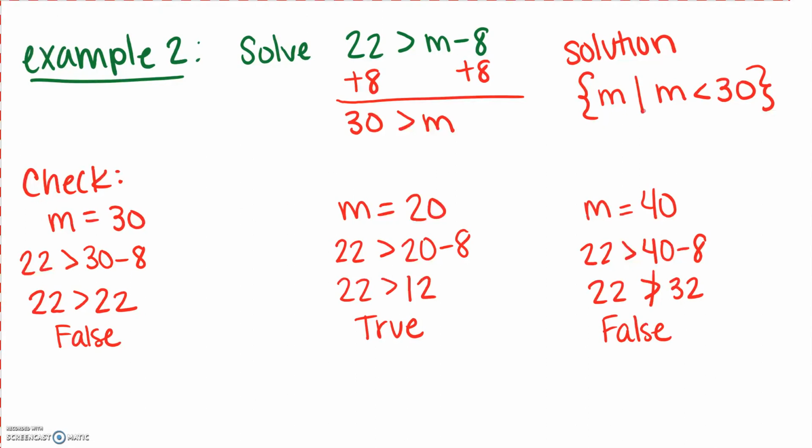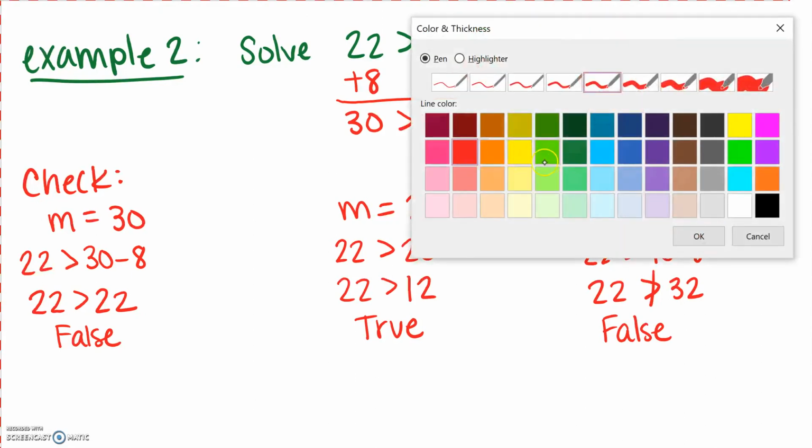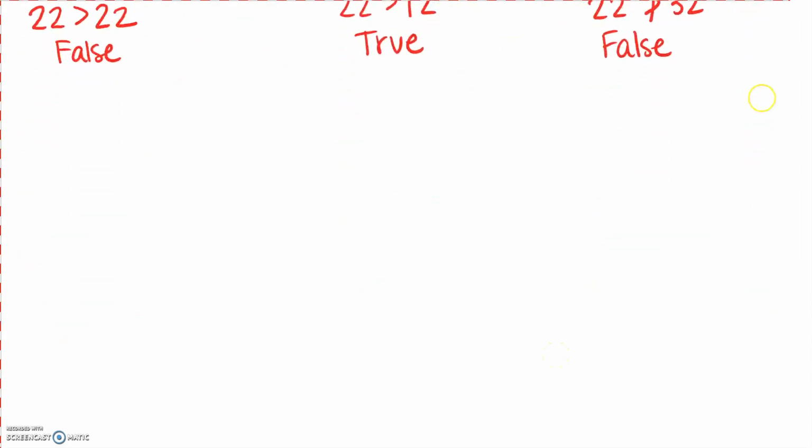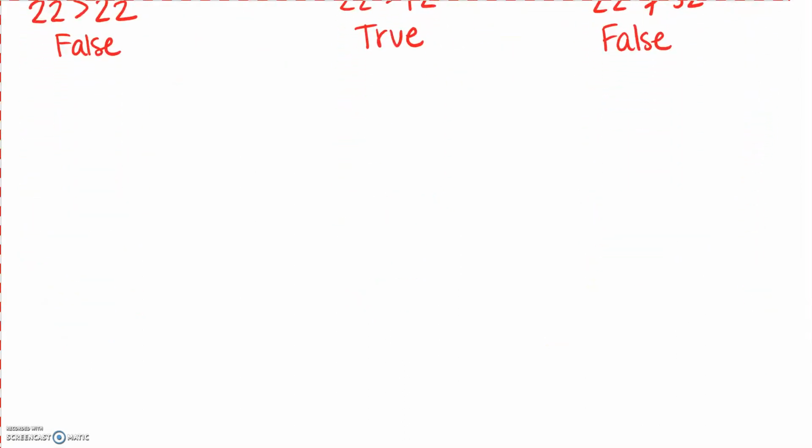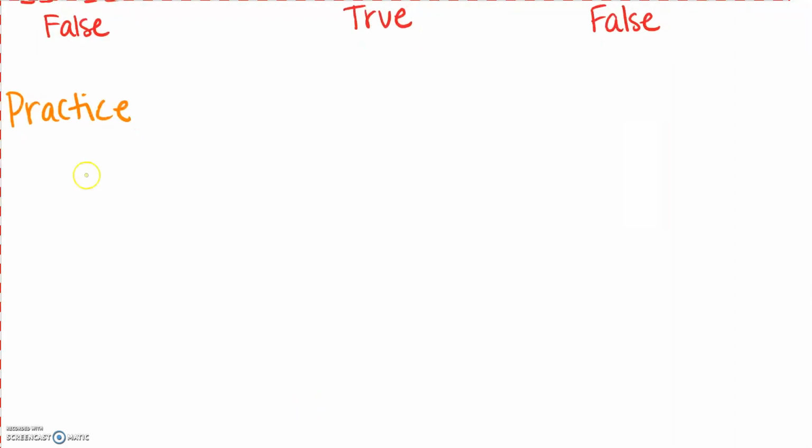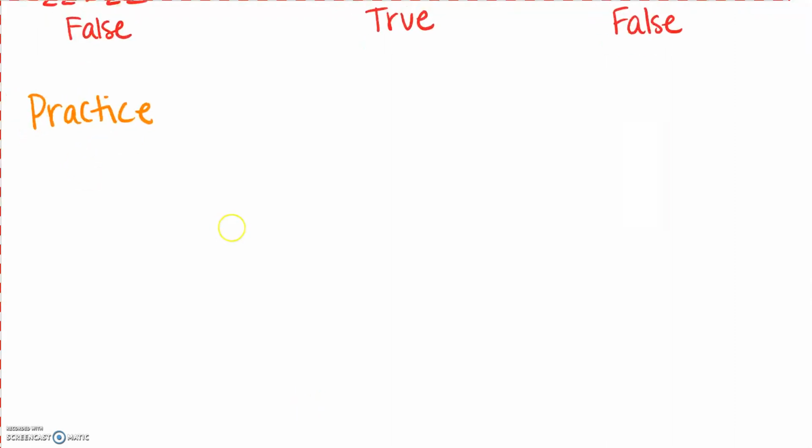Okay, so what I want you to do now is practice some of these problems on your own. So I want you to pause this after I write down the practice problems, and I want you to put these in your practice notebook and work on your own. We will check these tomorrow in class at the beginning.